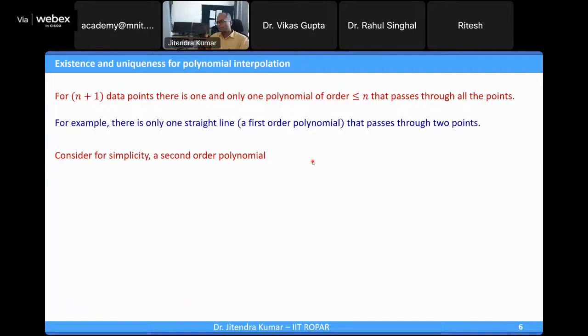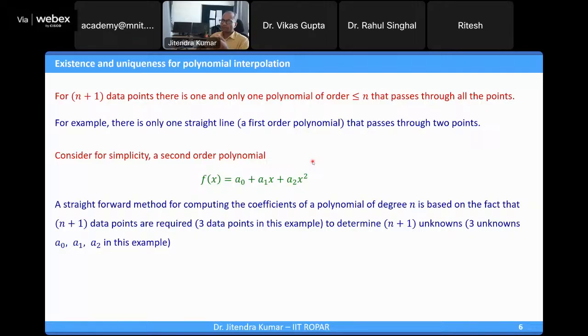So for simplicity, if we consider the second order polynomial, there are three unknowns, a0, a1, and a2. These are the unknowns to define this polynomial. That means if we have three data points, in this particular case, because we have three unknowns, then we can uniquely determine this polynomial. The idea is very simple.